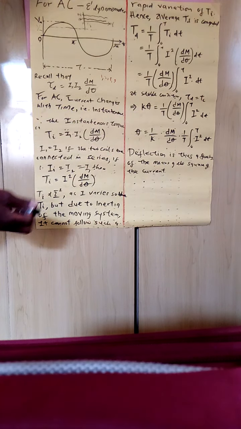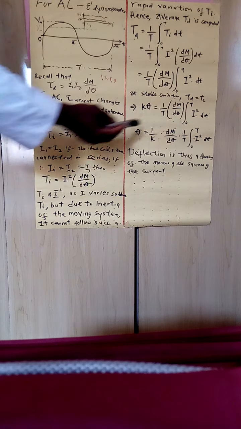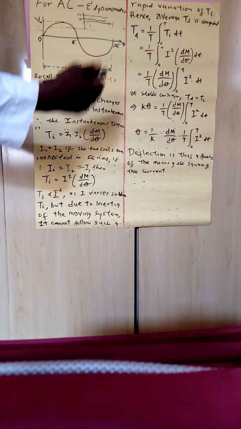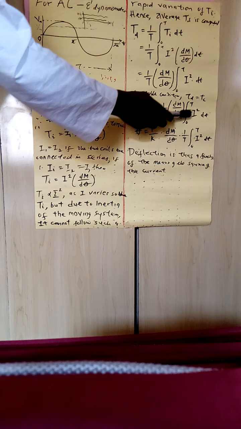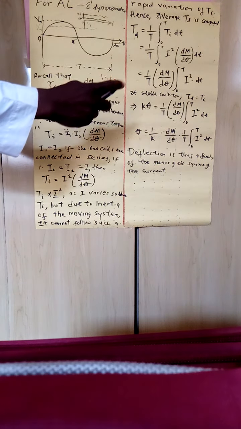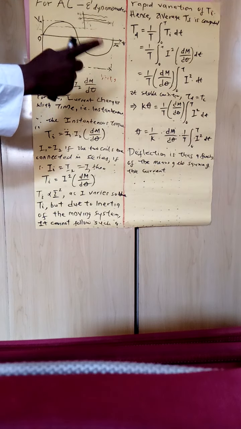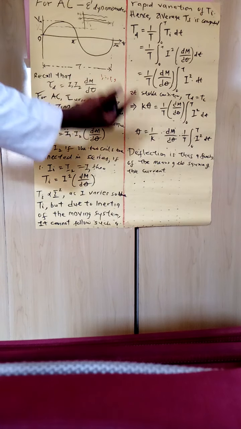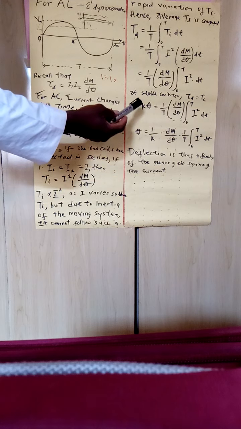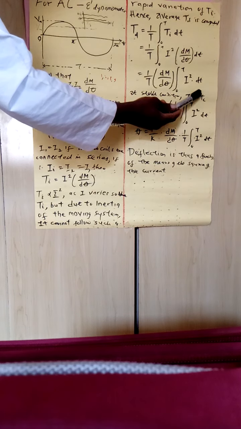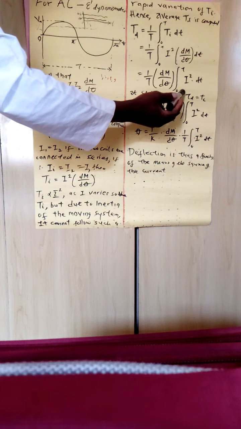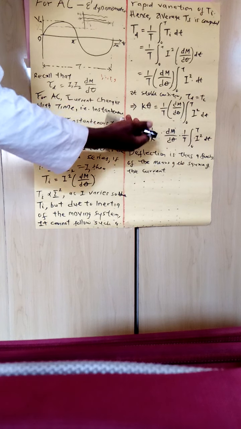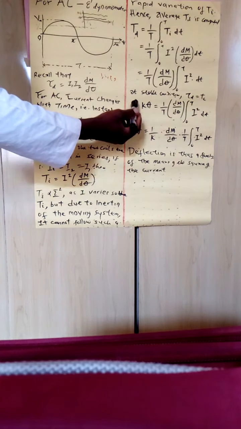Then at stable condition, we have said before, TD is equal to TC. The meters are designed such that TD should be equal to TC, so that if the pointer is deflected or displaced, once the signal is removed from it, it should be able to go back to its reference point, the 0 point.